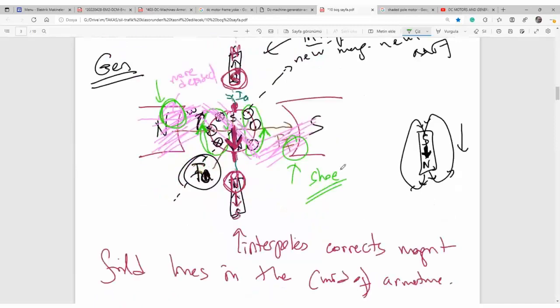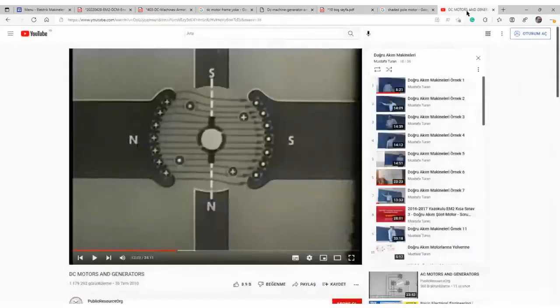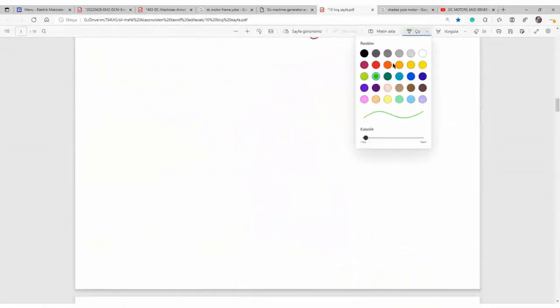Yes, there is another approach using commutator compensation winding. That is the compensation winding. Let's take care. So let me draw it down here. Here's the pole. Here's the pole face.